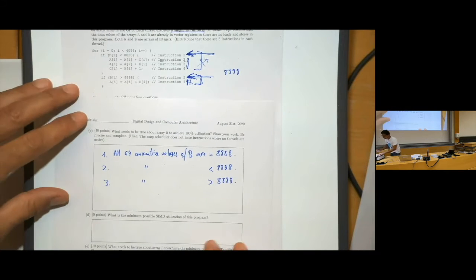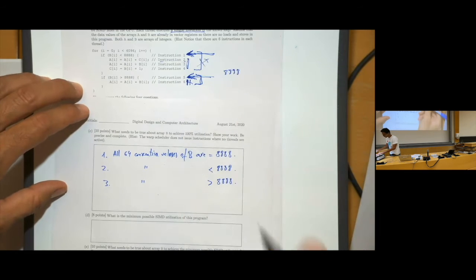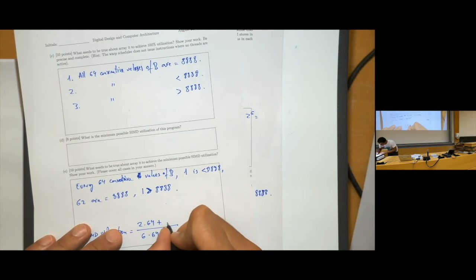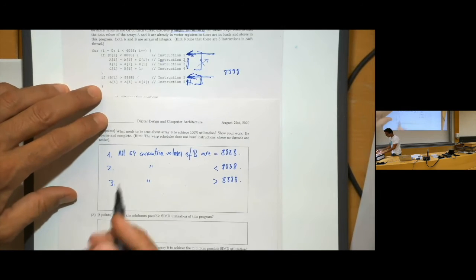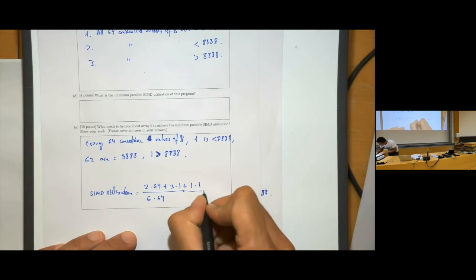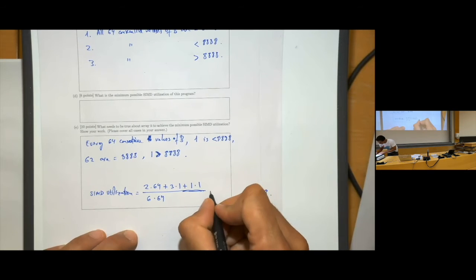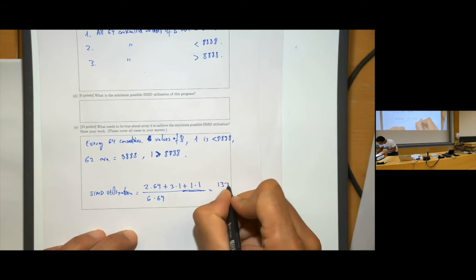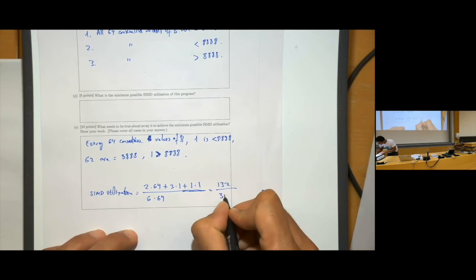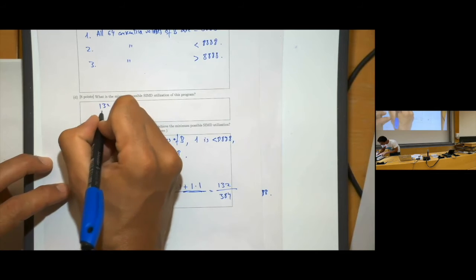And now there is only one thread that executes instructions 2 to 4, so this is 3 times 1. And then there is only one thread that executes instruction 6, so this is 1 times 1. If you calculate this, you will obtain 132 over 384. So that's actually the solution to this part.